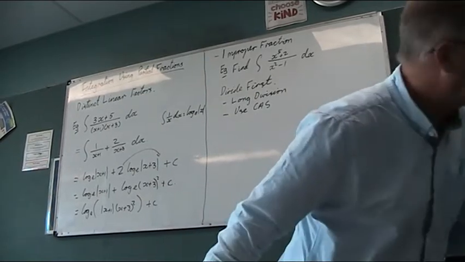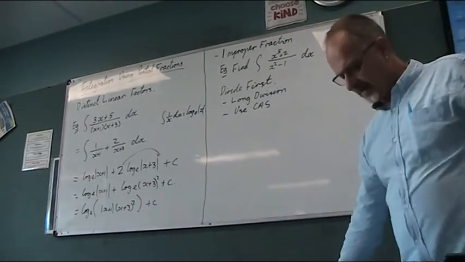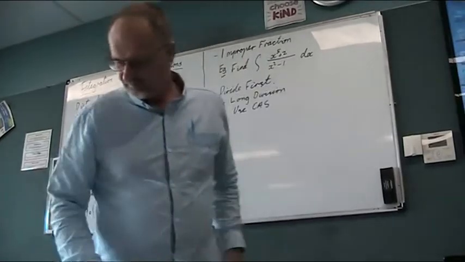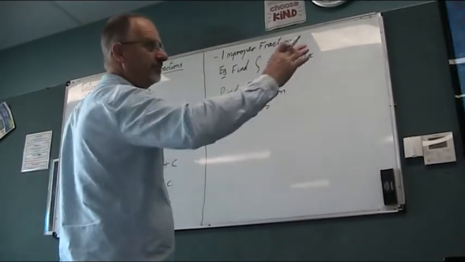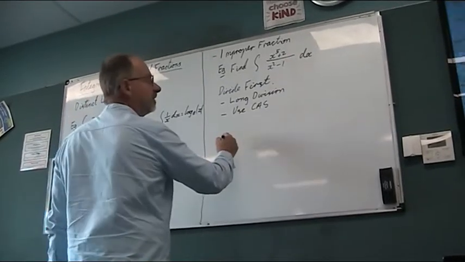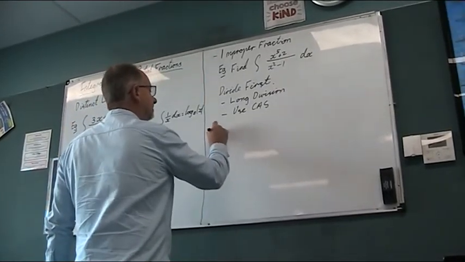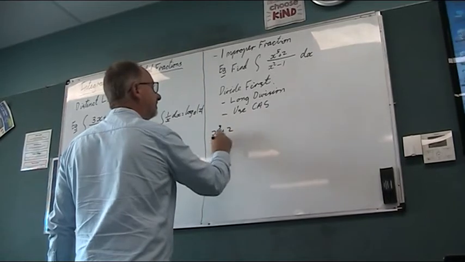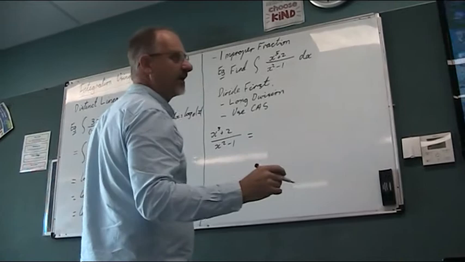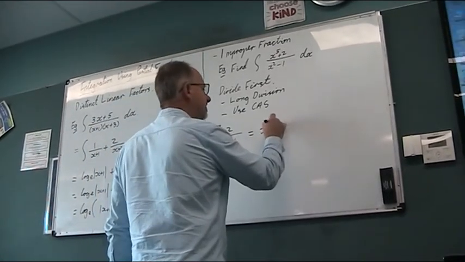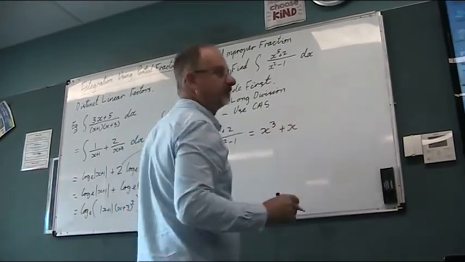Alright, so our calculator gives it to us in a slightly different form than what we really are looking at. So x to the 5 plus 2 over x squared minus 1, according to the calculator, is the same as x cubed plus x.